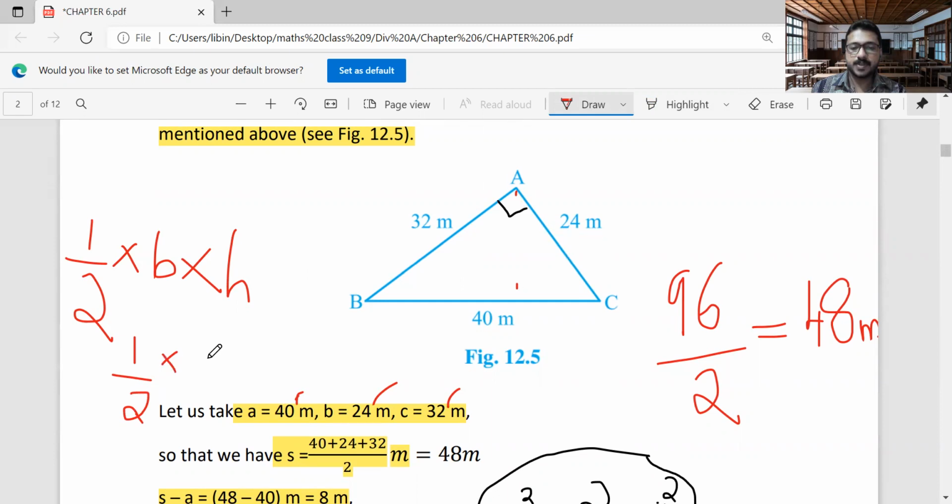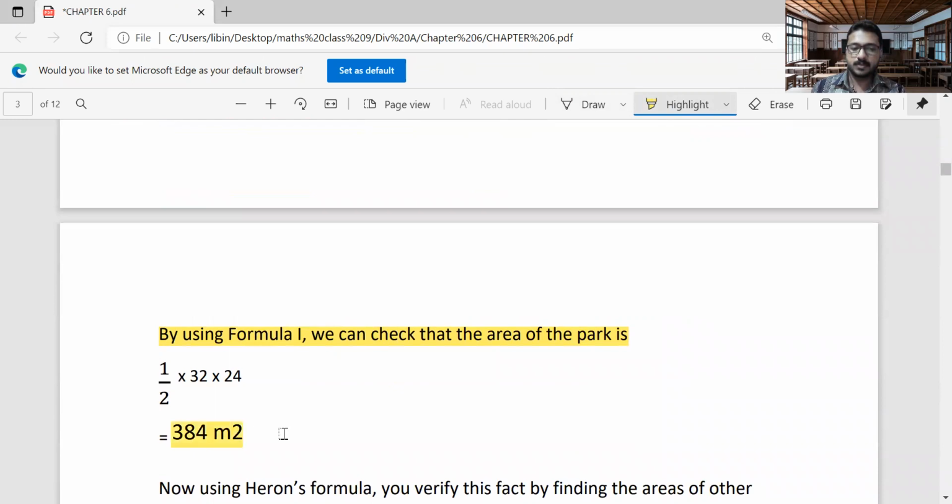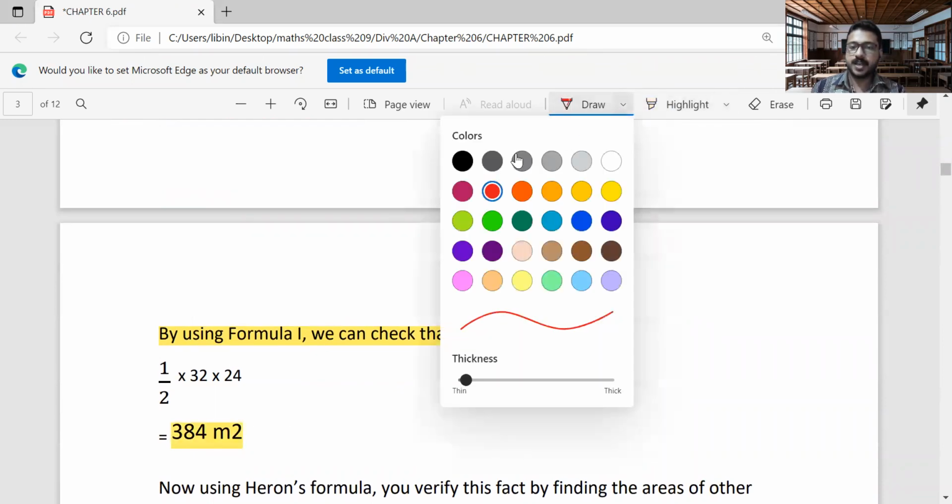What is the base? We could take base as 24, and the height would be 32. So we can cancel this, 12 into 32 will give us the area of this triangle, which is equal to 384, that is also 384 meter square. Fine.